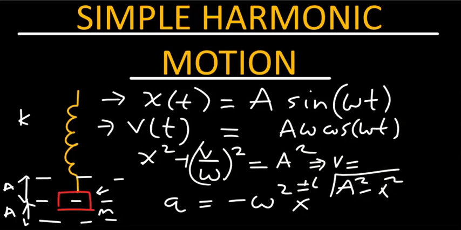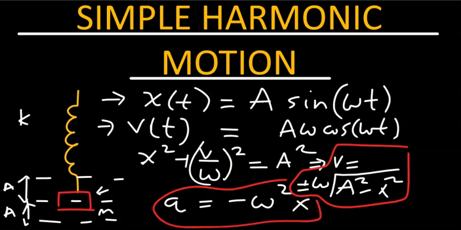So these two equations, 1 and 2, would enable one to calculate the acceleration and velocity of this oscillating block at any given distance x from the equilibrium location.